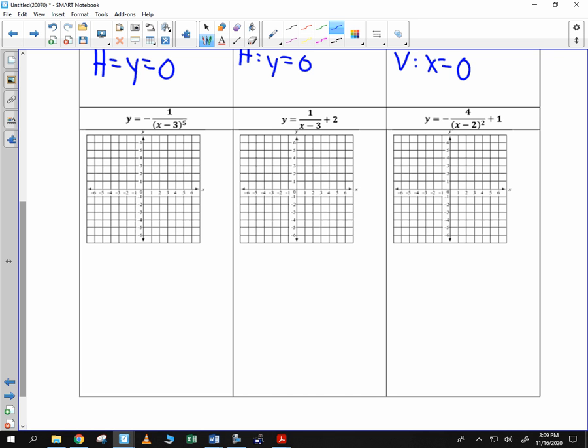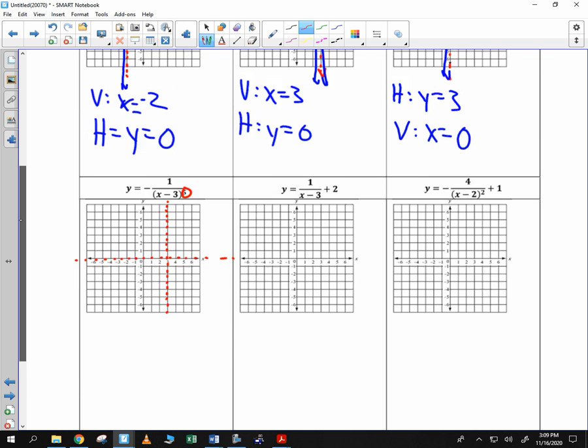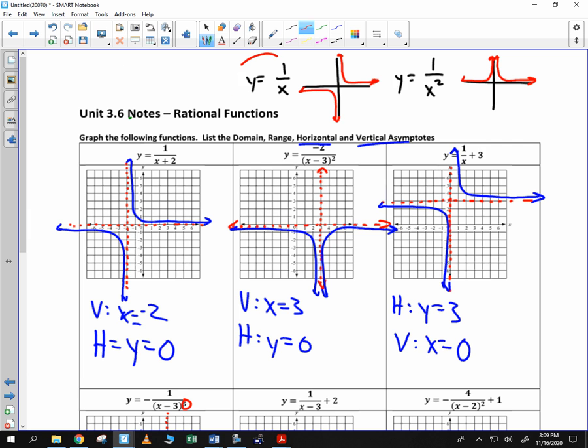Here it's going to be a shift to the right 3 units. And there's no vertical shift. 5th power, so it's going to look like this guy because it's an odd power in the denominator, so they'll be in adjacent opposite quadrants instead of adjacent quadrants.